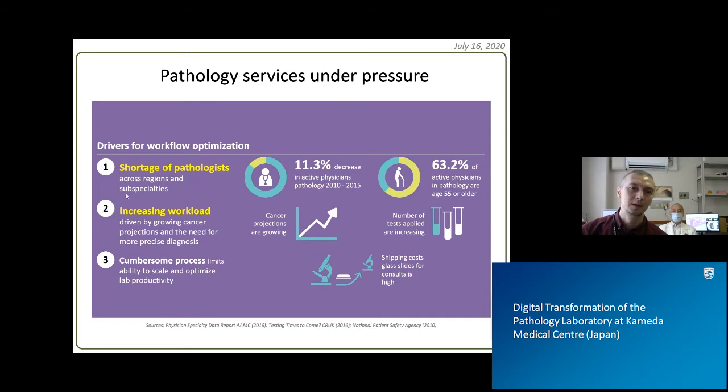The first aspect is a shortage of pathologists themselves, and the second is a growing workload. Definitely there should be a lot of effort put into resolving this situation, in different directions, and one of these directions is believed to be digital pathology.